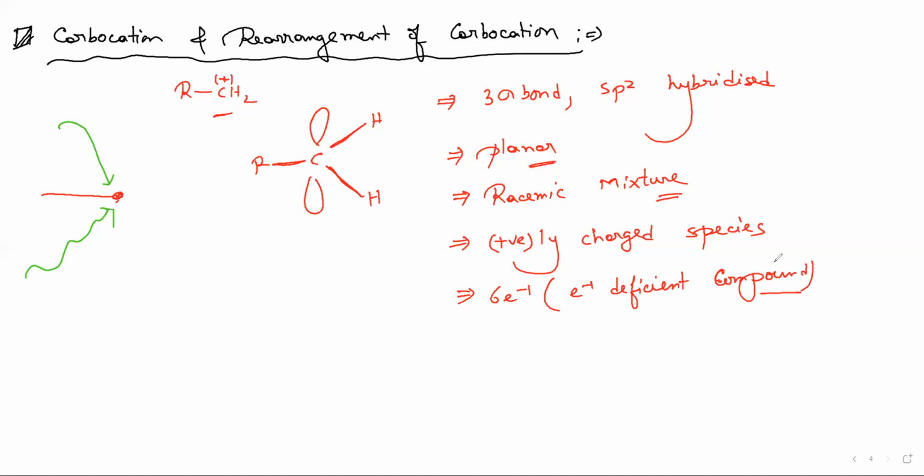In this case, no unpaired electron is present. That's why these are diamagnetic species.